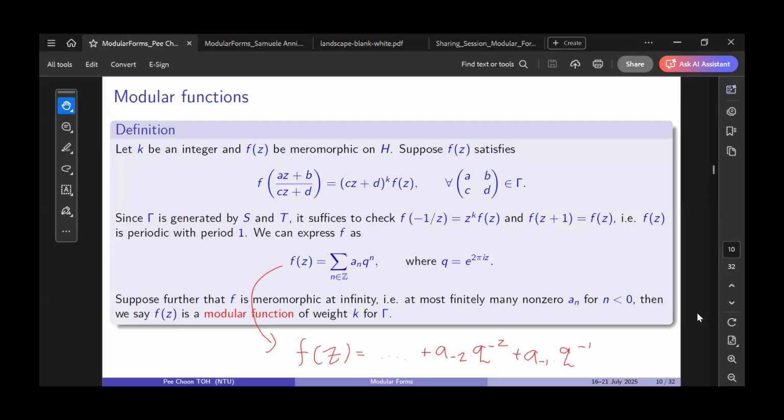We have that there is a minimal value such that for any n smaller than it, a_n will be all zero. Or basically, we can have it start from some point n.